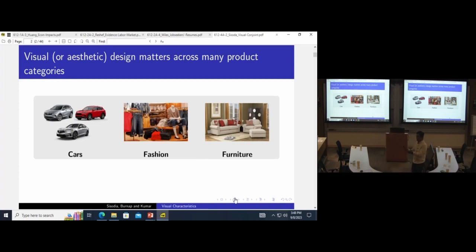You're not just looking to buy a car based on its fuel efficiency, based on its power, based on the space, but you also go and choose a car based on how it looks. Typically in marketing and economics literature, it has been very hard to somehow incorporate visual aesthetic designs into models. And this is one area which I'm hoping to bridge through this work.